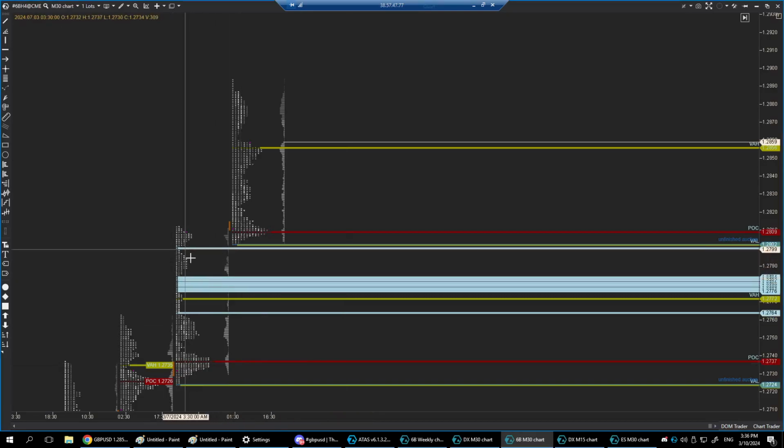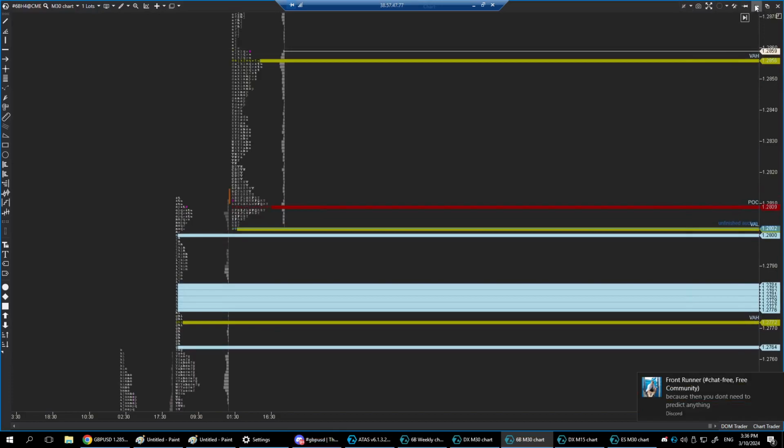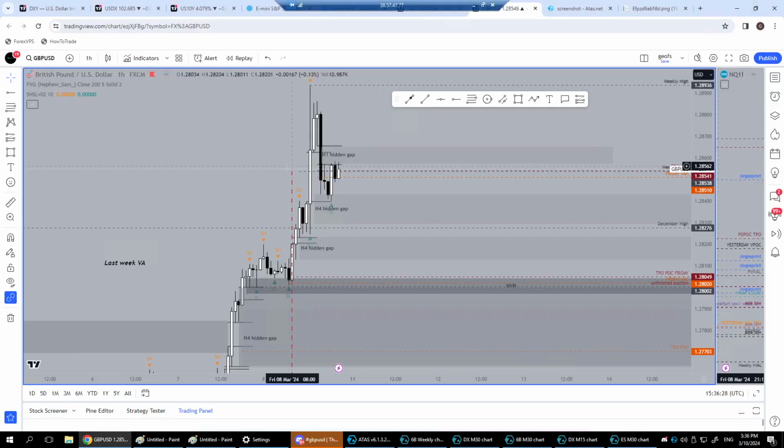Okay, single print. Where's that? 28. So that'll actually be 5 pips lower on the spot market. So that'll be this single print.